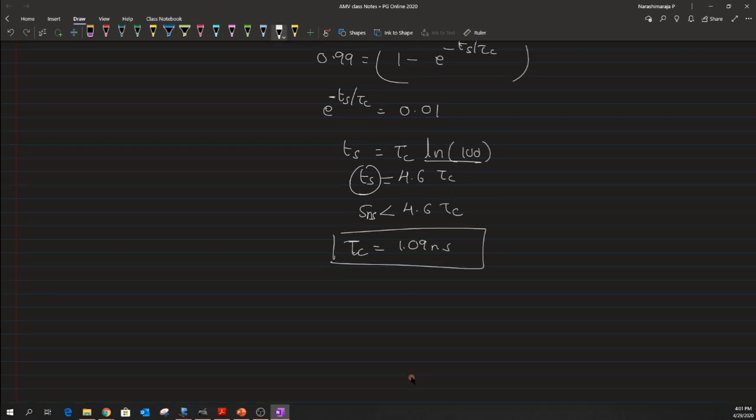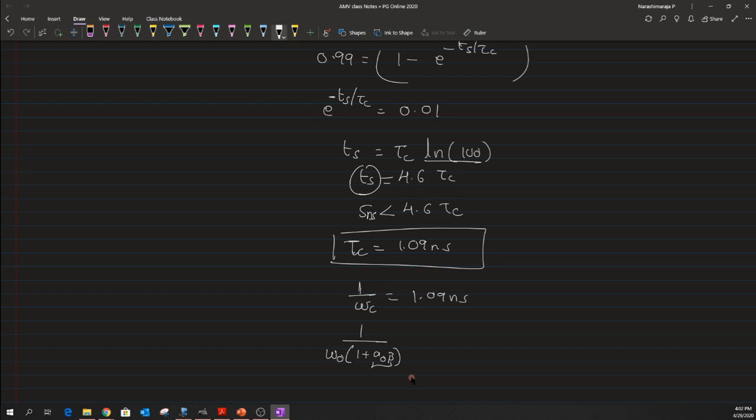Now one could rewrite this tau c. Let me rewrite in terms of omega c, so that we are familiar with those. I will rewrite this tau c in terms of omega c as something like 0.09 nanosecond, and this omega c can also be written in terms of omega naught as omega naught times 1 plus a naught times beta.